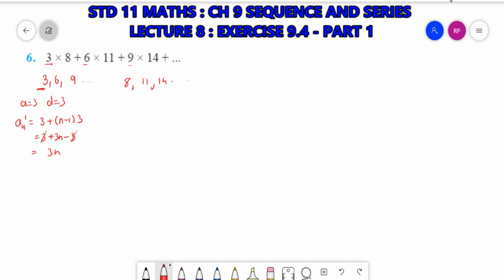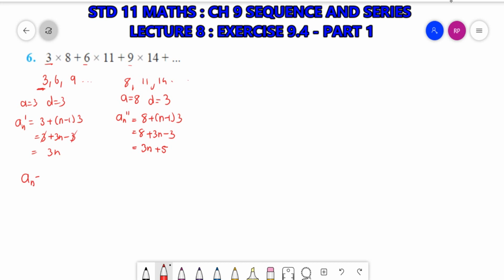In the other series, the first term is 8 and the difference, that is 11 minus 8, again is equal to 3. So a n double dash will be equal to 8 plus n minus 1 into 3, 8 plus 3n minus 3. So this will be 3n plus 5, since 8 minus 3 is 5.